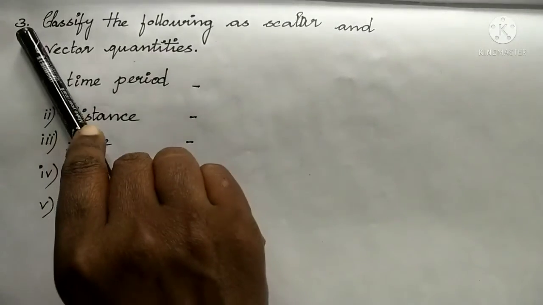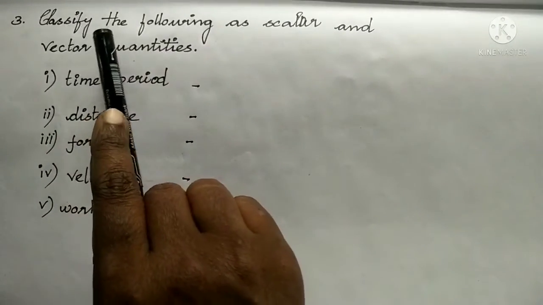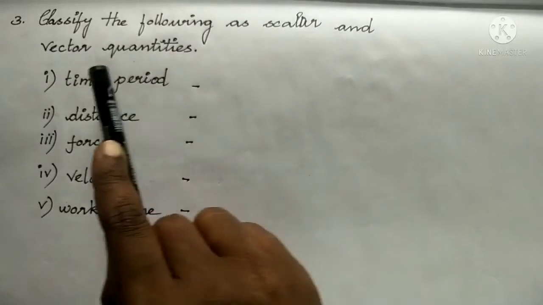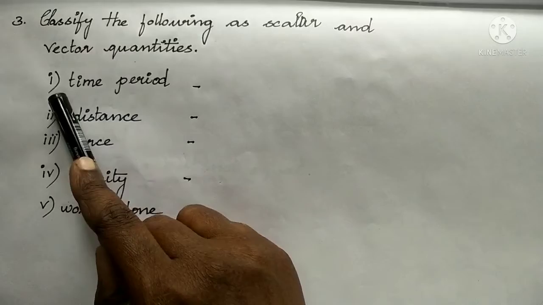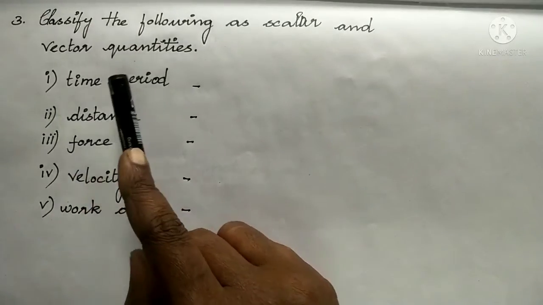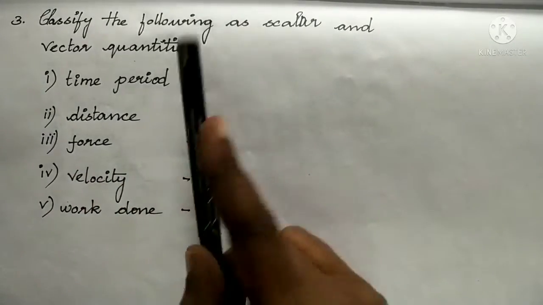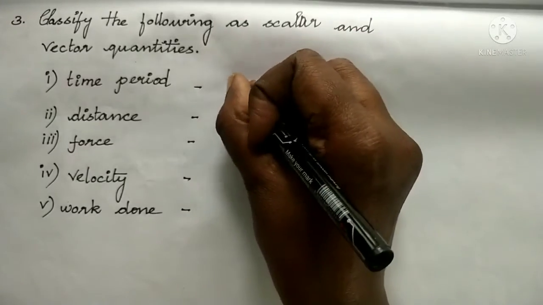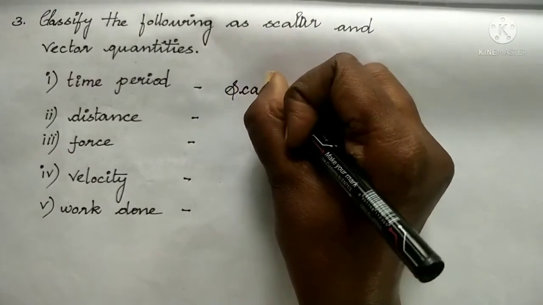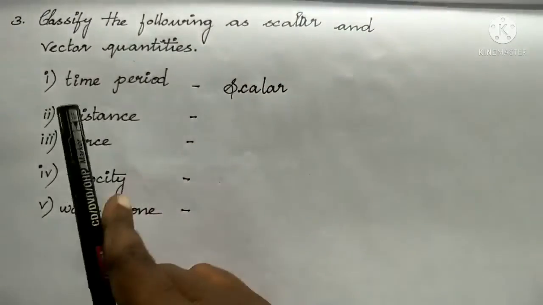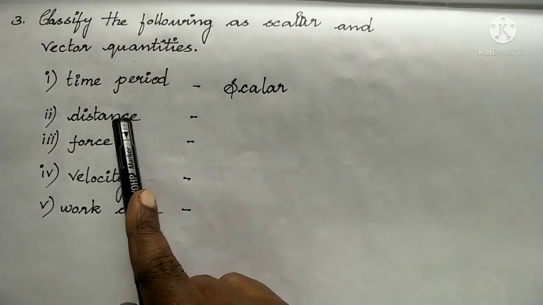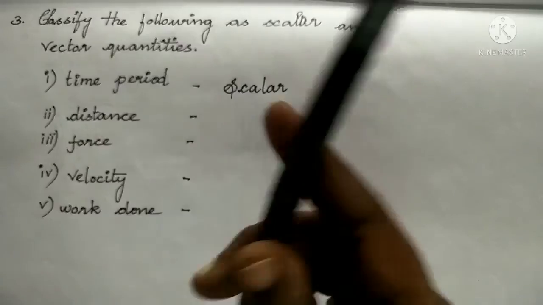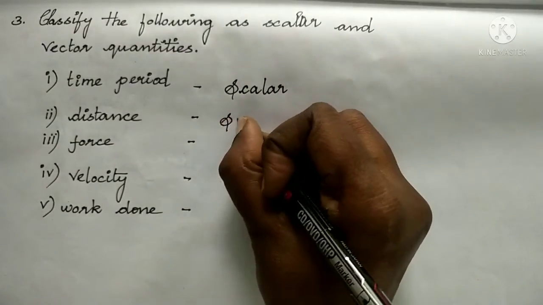Next, question number 3. Here also we are going to classify as scalar and vector quantities only, which is similar to second question. First subdivision, time period. Time is having only magnitude, so it is a scalar quantity. And next, second question, distance. Distance involves only magnitude, so this is scalar quantity.